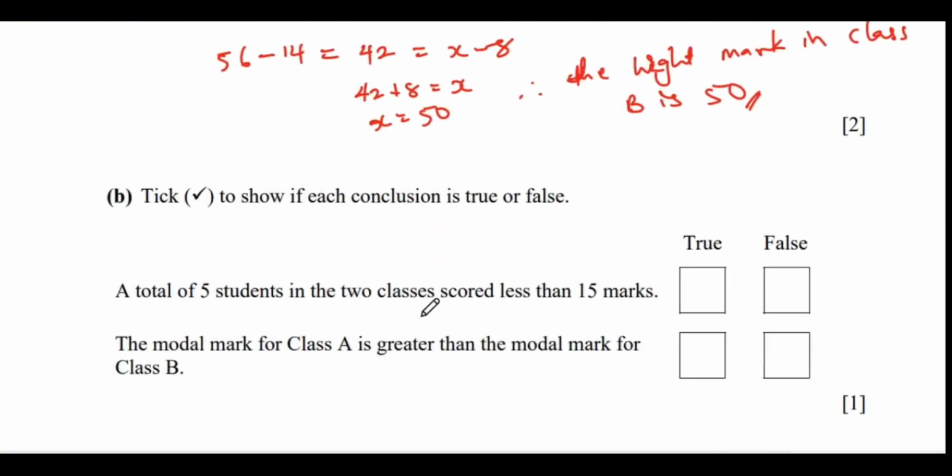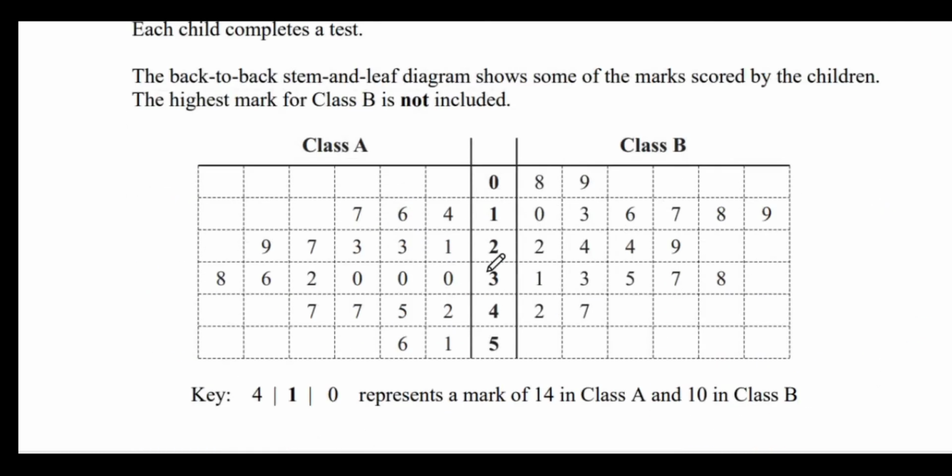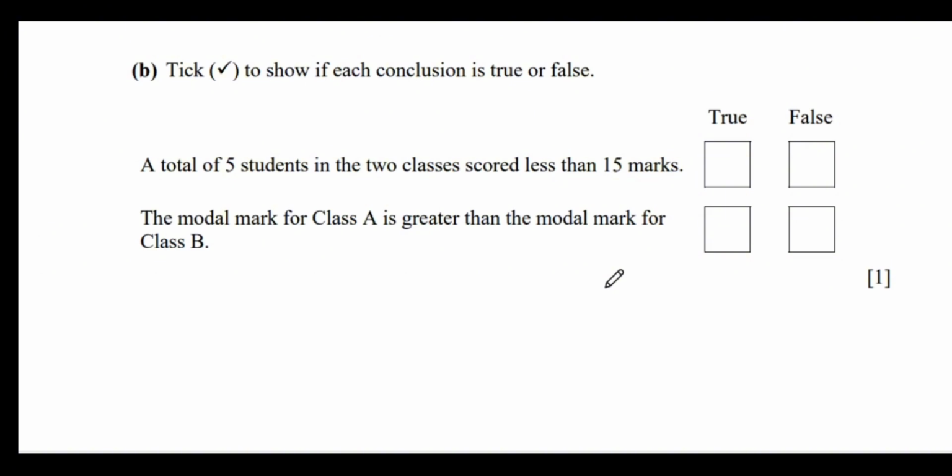All right, so moving to the next one, we are to show if each conclusion is true or false. They say a total of 5 students in the two classes scored less than 15. So it means that the total number of students that scored less than 15 in the two classes is 5. So let's find out. We have 14, so one person in class A. Then here we have 8, 9, that's 3 people, 10, 13. So we have 1, 2, 3, 4, then 5 that scored less than 15.